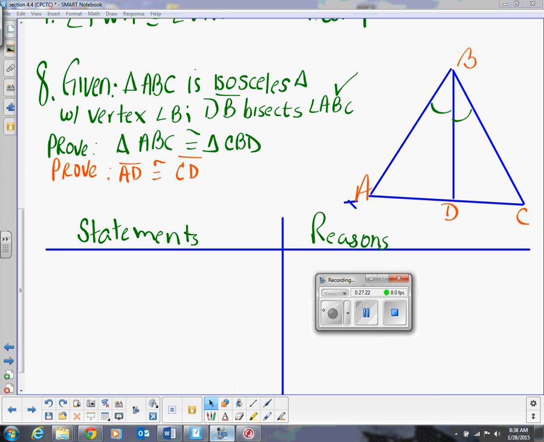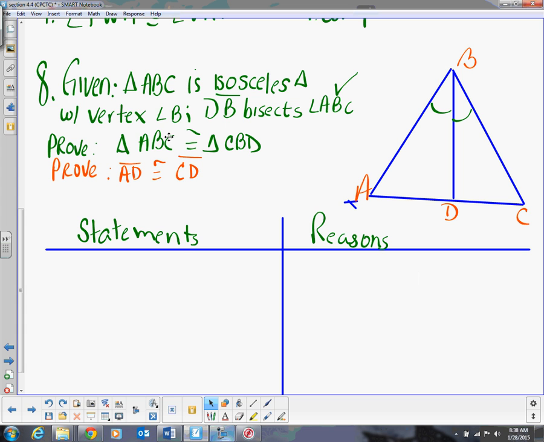Maria told me an isosceles triangle has two equal sides, so specifically if B is a vertex angle, what are my equal sides? AD and CD is all one side. So this is a vertex angle. Which two sides are congruent because of that? AB and CB, exactly. All right.